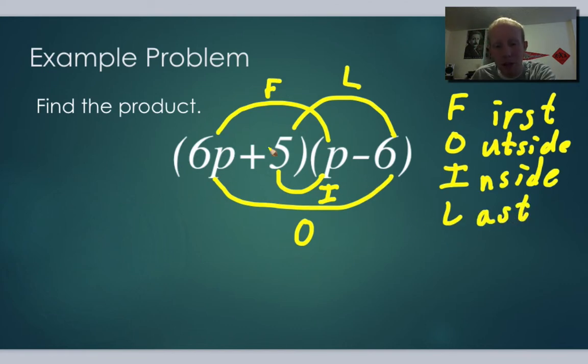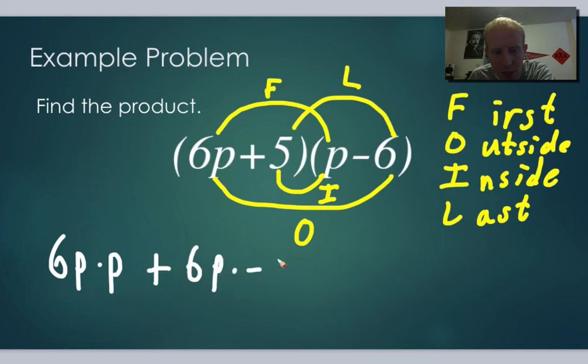But you'll notice if we do this multiplication and look at these terms, we'll get those exact same 4 terms we had below. 6p times p is our first multiplication. Our outside is 6p times negative 6.